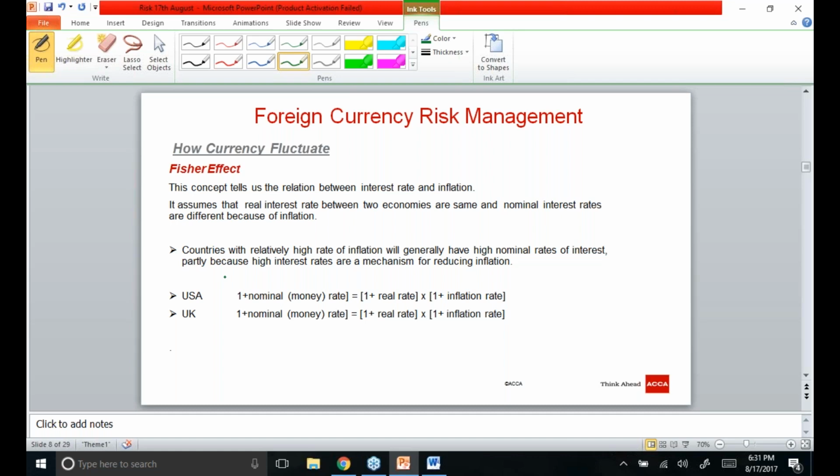The Fisher effect assumes the real interest rate between two economies is the same. If the real interest rates are the same, then why are nominal interest rates different? Nominal interest rates are different because of inflation.